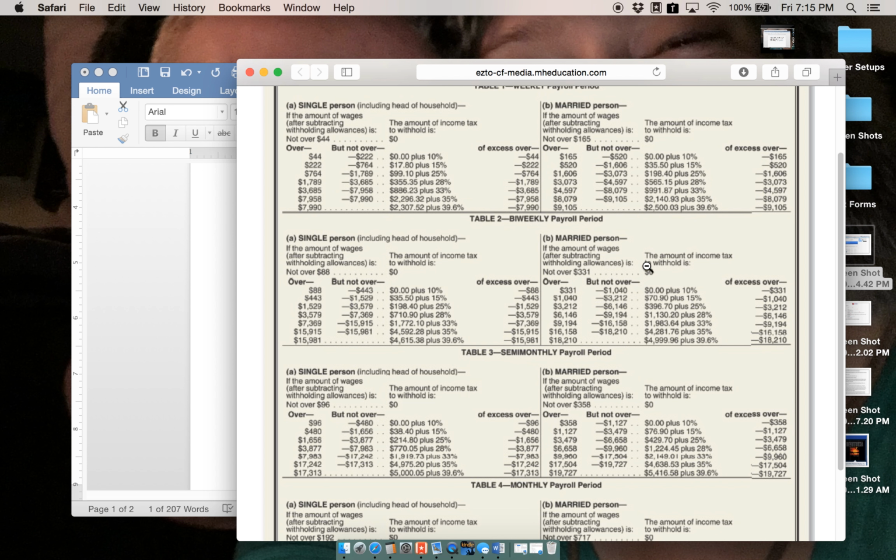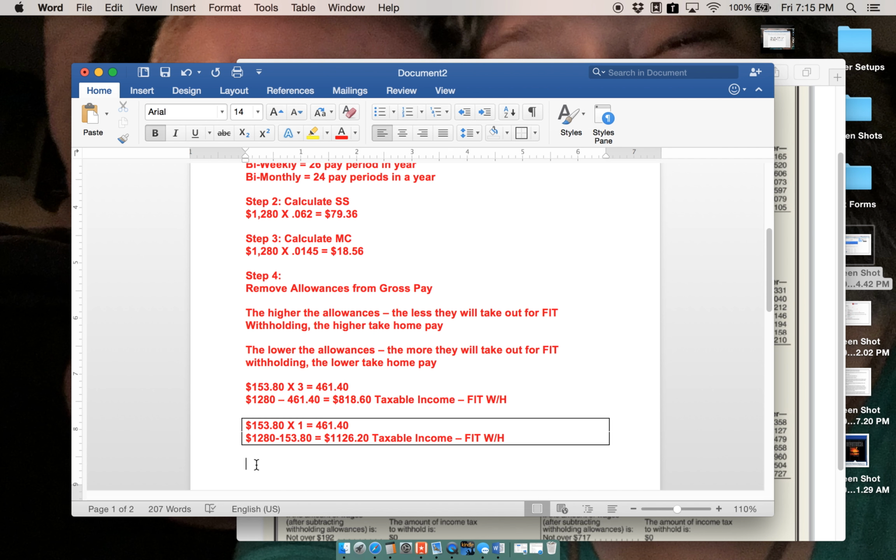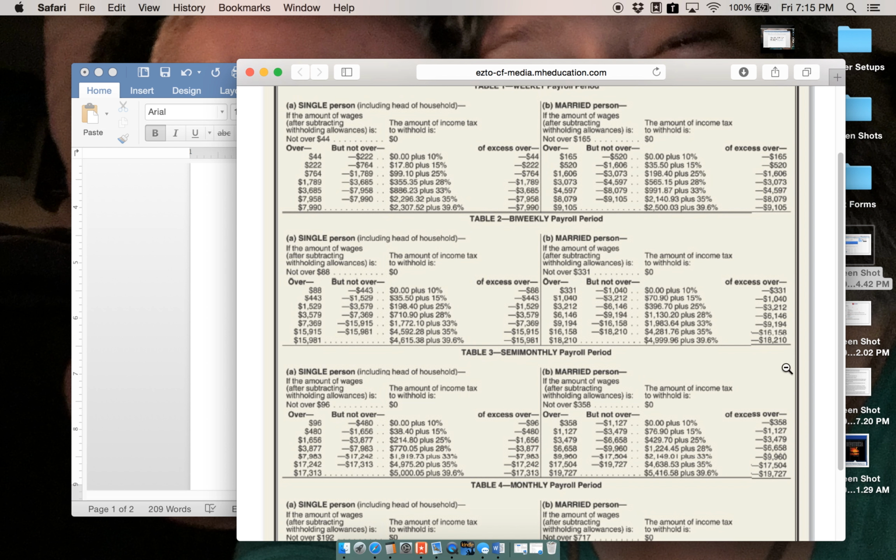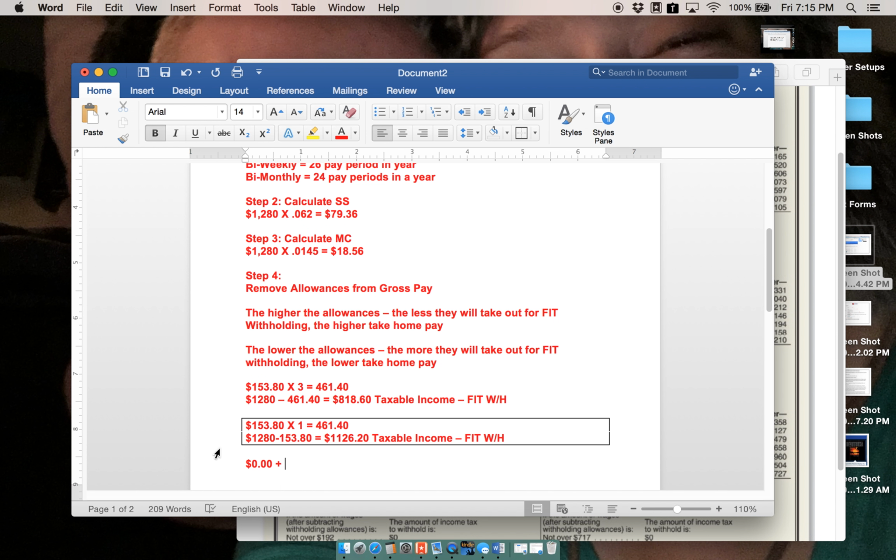And now I'm going to analyze this formula. This formula says the amount of income tax to withhold is 0 plus 10% of the excess over $331. So we need to put that into an algebra formula. Again, the amount is 0 plus 10% of the excess.